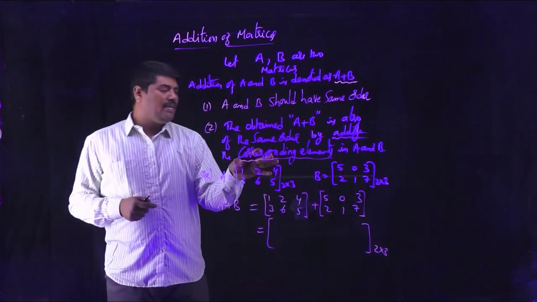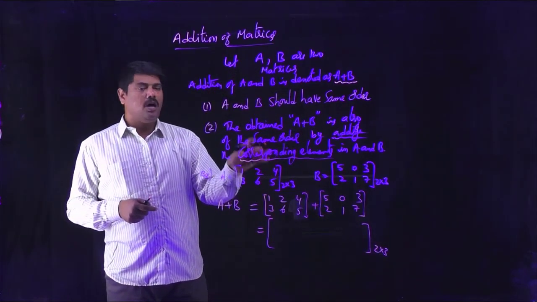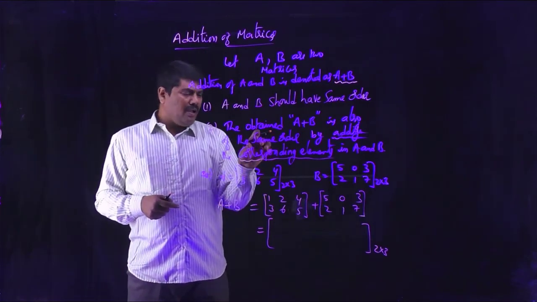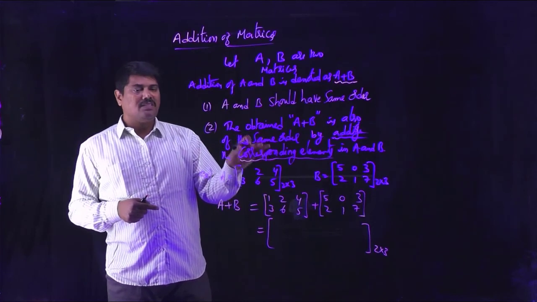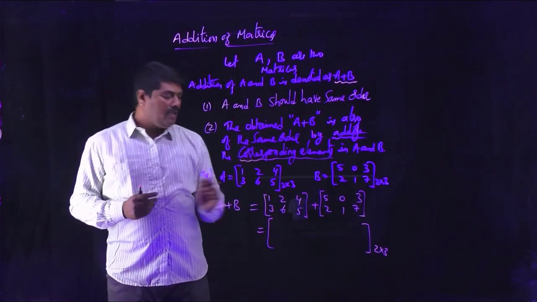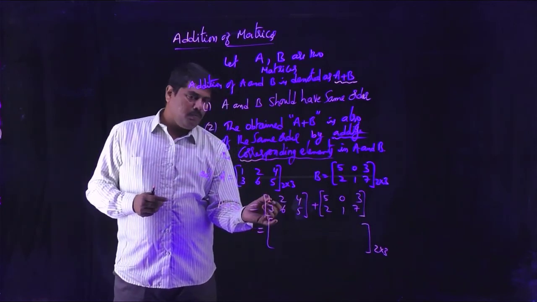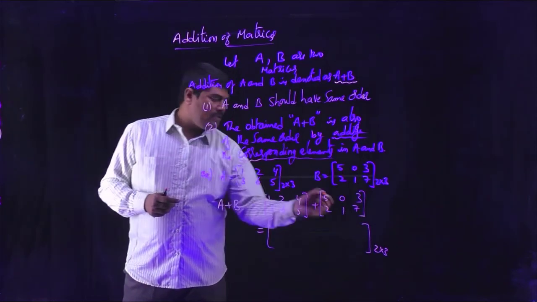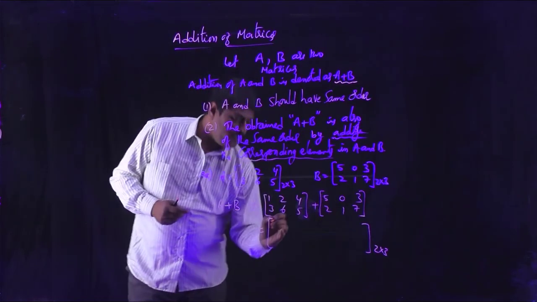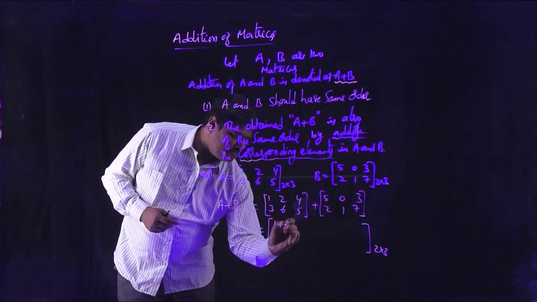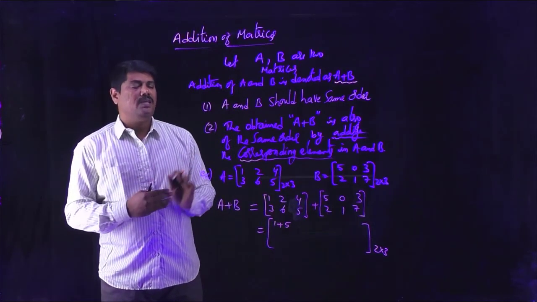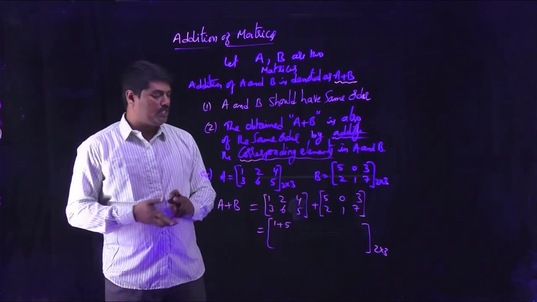Now we mentioned the concept of addition, how you have to add the matrices. Addition of matrices is nothing but addition of the corresponding elements of the matrices. Here this is the first position element in A, this 5 is the first position in B, so you have to add both, 1 plus 5, which is the result of A plus B in the first position.